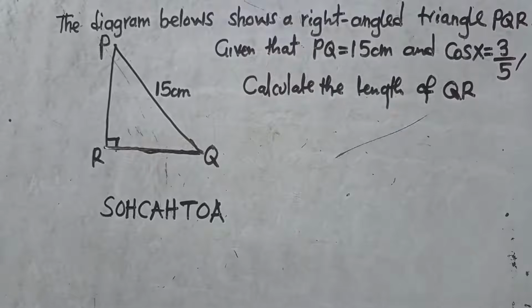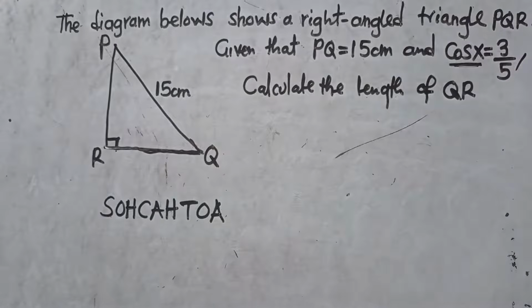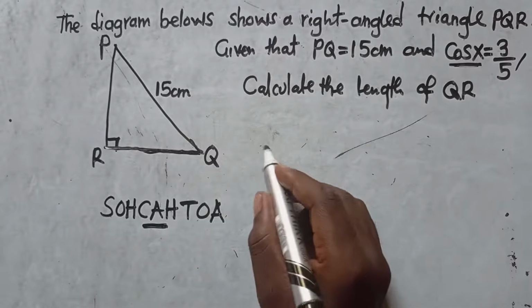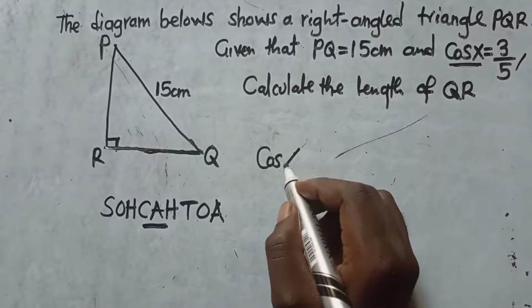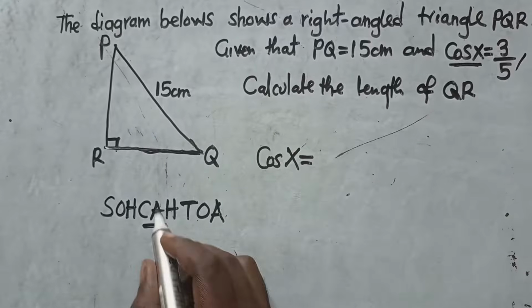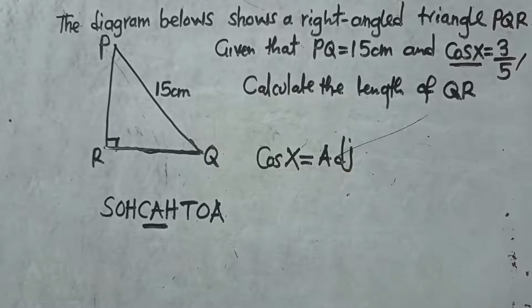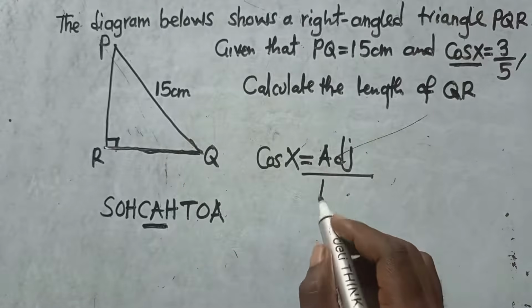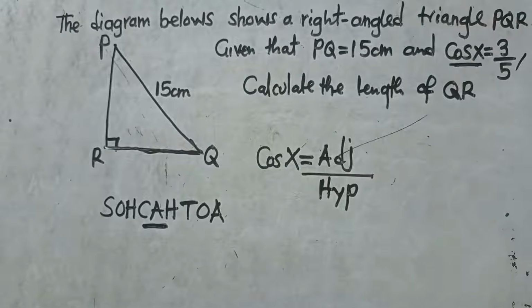Since they have put cos there, I am going to say cos X is equal to adjacent over hypotenuse.